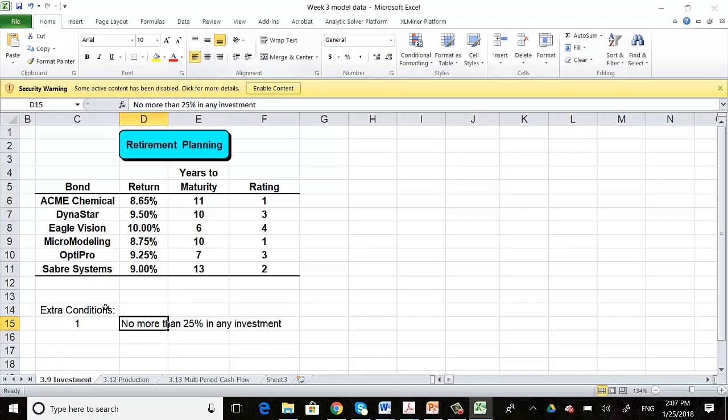And the number 2 condition: at least half of the money should be in long term. So at least 50% in the long term ones.